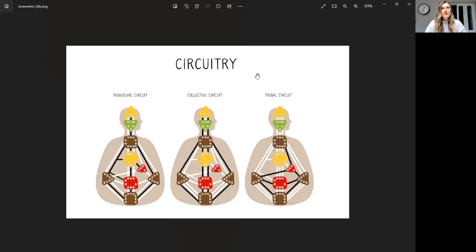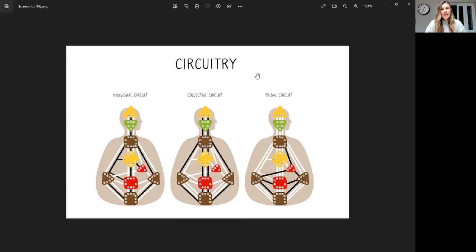And if we think about tribal circuitry and jobs, for example, it would be somebody like a teacher or a counselor or a nurse, somebody like that who's really supporting people to get well or achieve more, etc. Okay, it can be connected, as I said, to material gain. So that could be like helping people to be more successful or growing their business.